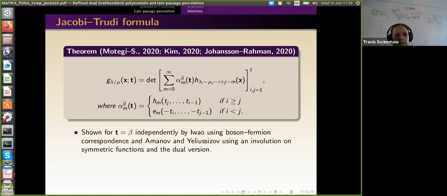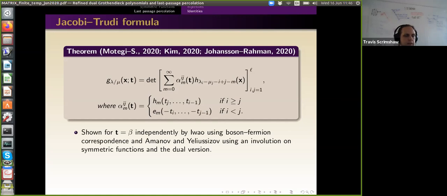And again, Iwao proved it using boson-fermion and Wick's formula for t equals beta. And when t equals beta, there's an involution that you can use on symmetric functions where you get this as a consequence of Amanov and Yeliussizov's work.